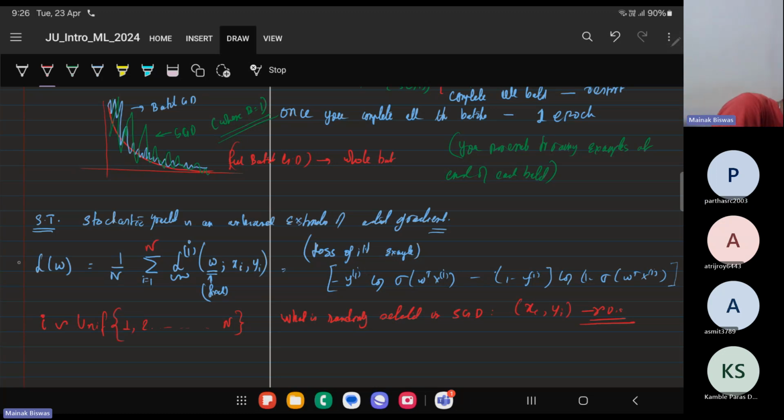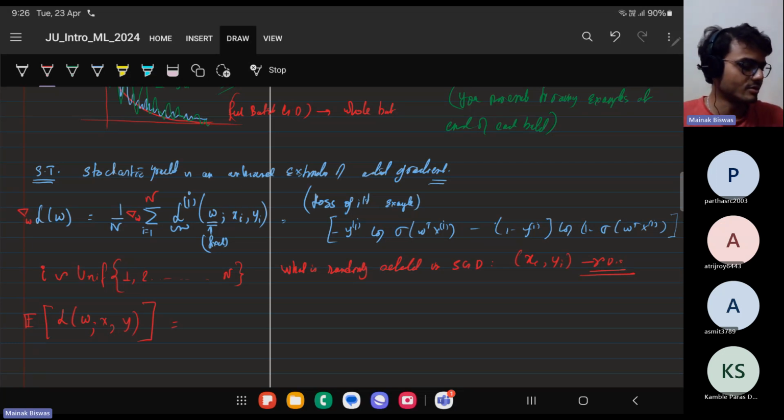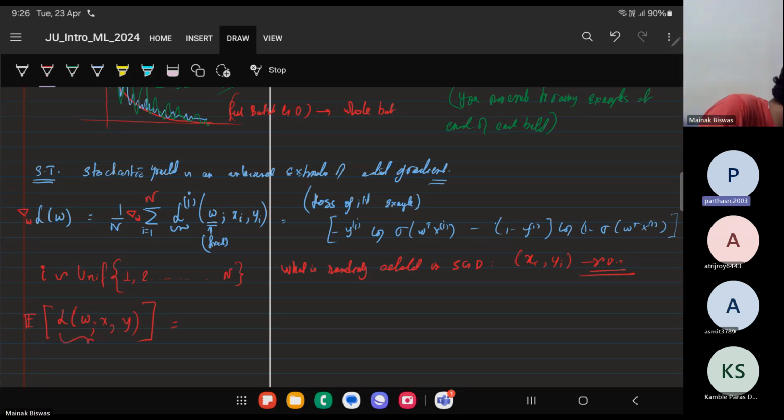My normal gradient is this. Now I want to find the expected value of the loss L(w, x, y). This expectation is over all x and y. What is the probability that i is selected?